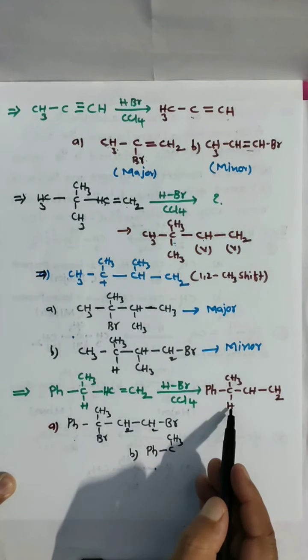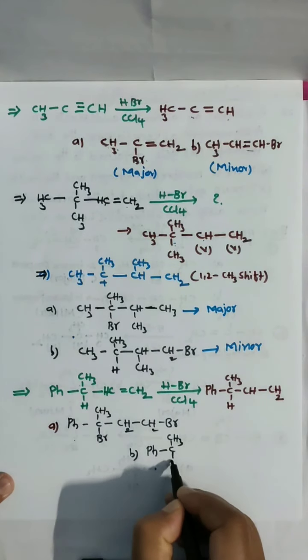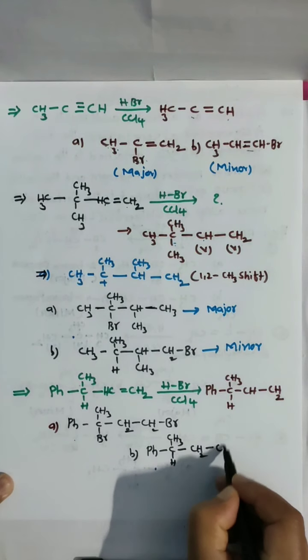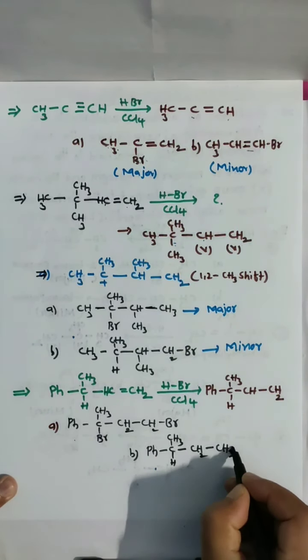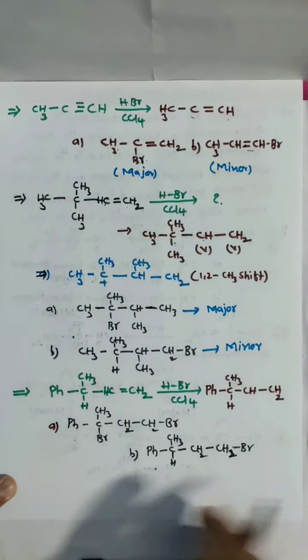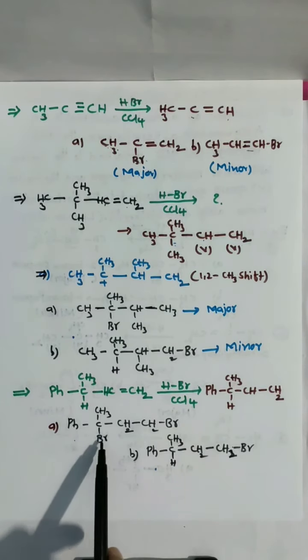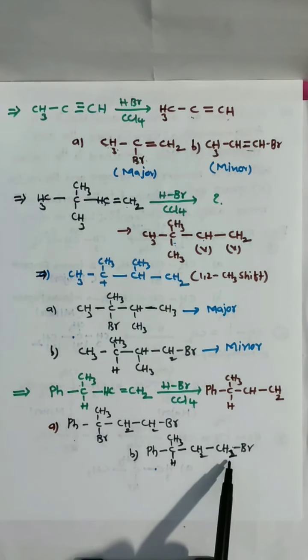Now here hydrogen, and bromine is bonded only once. Now hydrogen will be bonded here: hydrogen, bond CH2, bond CH3, CH2, Br. So here is the major, this is the minor.